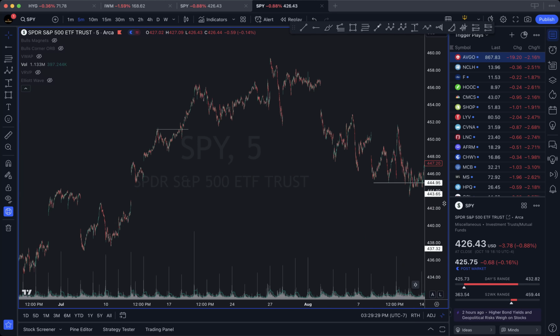Price formed this prior low, candle closed below this prior low but closed above, and then couldn't close below this prior low here. That means there's a high chance that's a fake out, and then a nice rip afterwards.